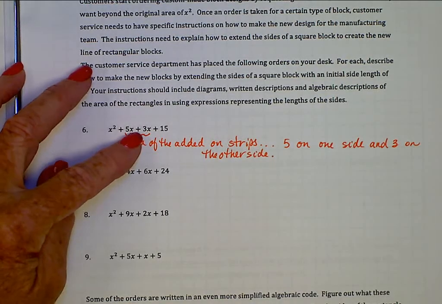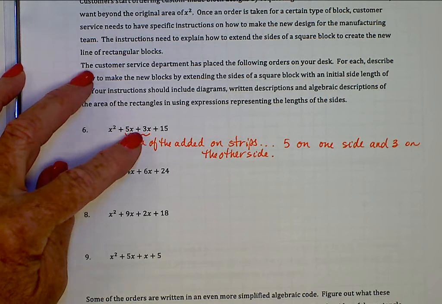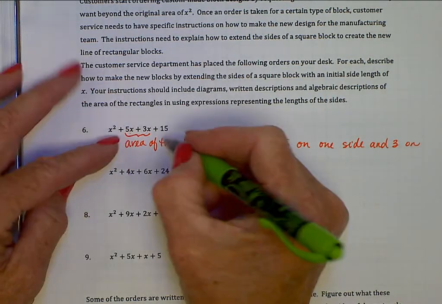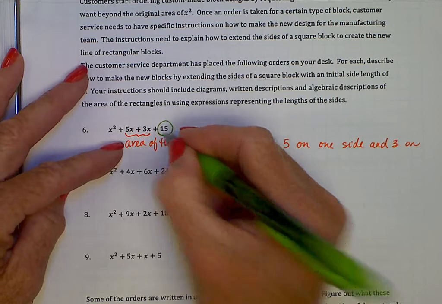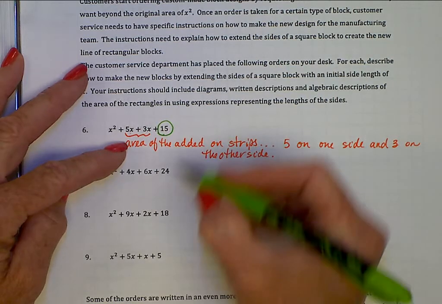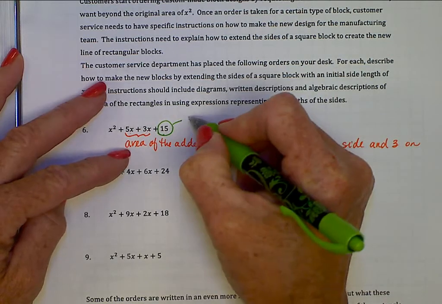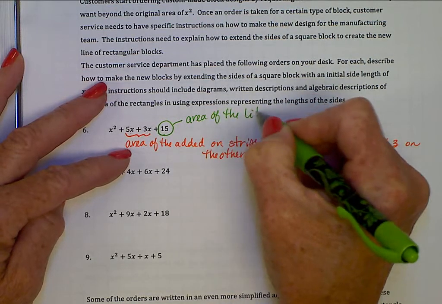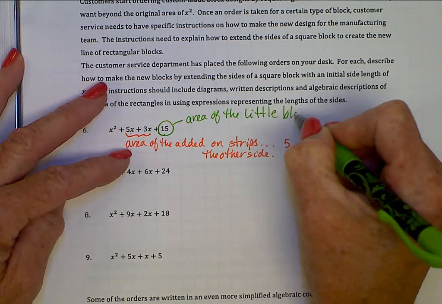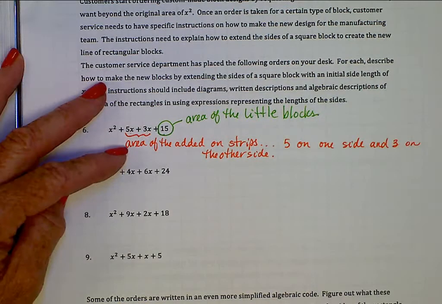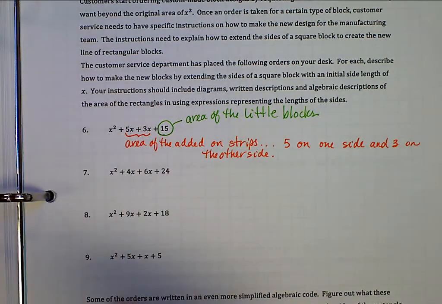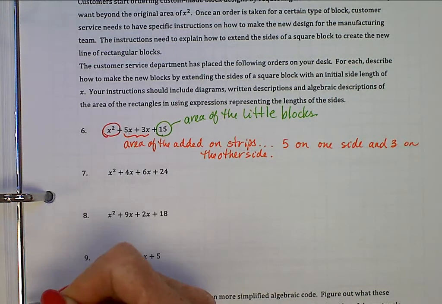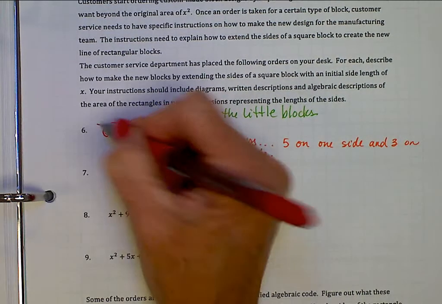This 15 is the area of the little blocks. And this x squared, you should recognize that. That's the area of the original square.